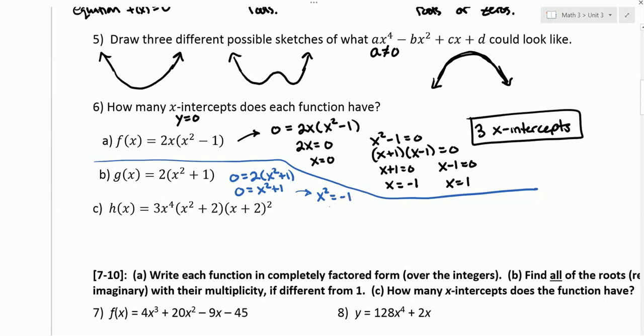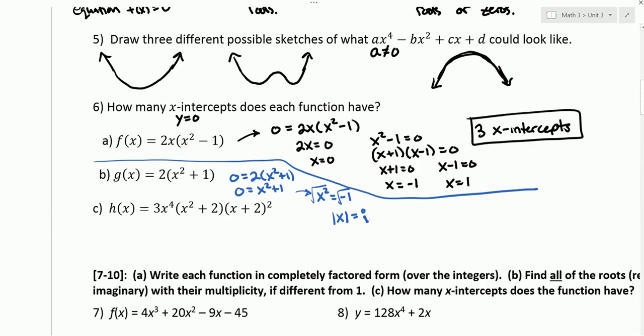If you take the square root of both sides, you end up with the absolute value of x is equal to the square root of negative 1. But remember what the square root of negative 1 is: i, the imaginary number. And so we can keep going here.